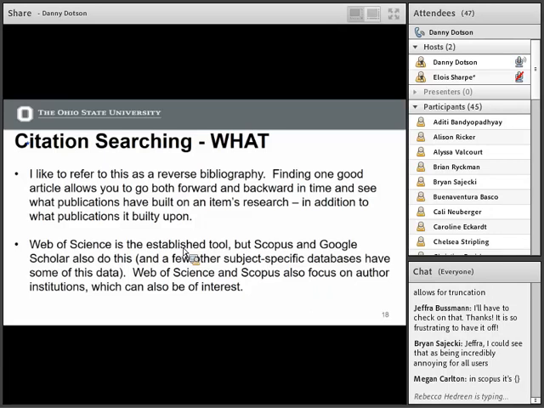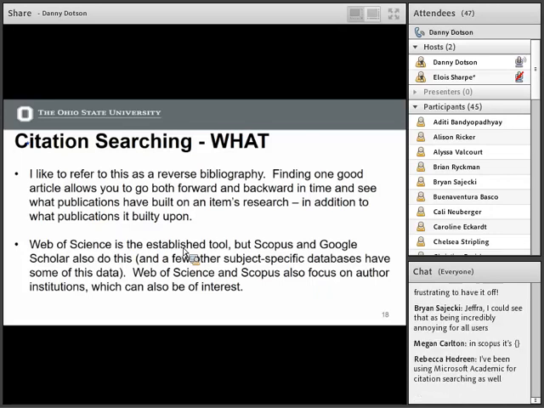But I think some people are surprised at the value of this, and also the ability that if you find a wonderful article on a topic, you're going to get something both forward in time and back in time from that particular item. And at times I also describe it as a bit of a conversation. So this one article built upon these other articles, it talked about them, and now more articles are talking about it.